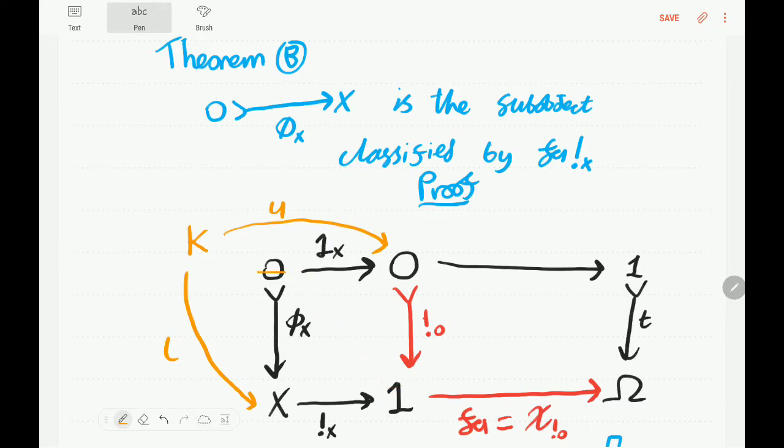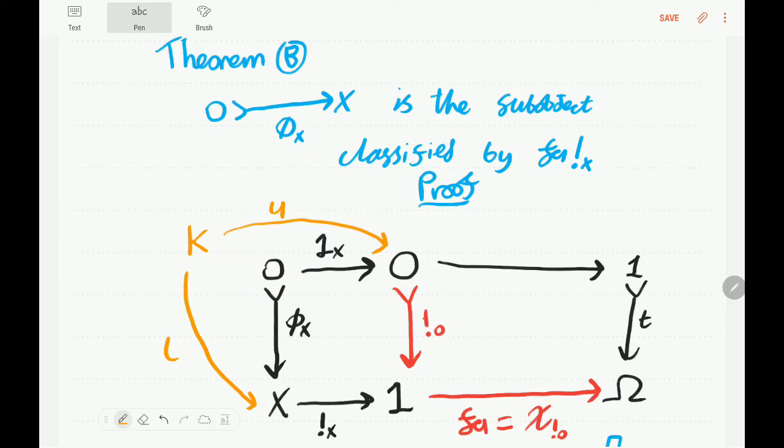Now, secondly, let's suppose we have a candidate for a pullback. Let's suppose that we have this object K with an arrow L into X and an arrow U into 0, such that exclamation mark X after L equals exclamation mark 0 after U. Well, then we have to construct this unique intermediary arrow to show that we have a pullback, which makes this left part of the diagram commute.